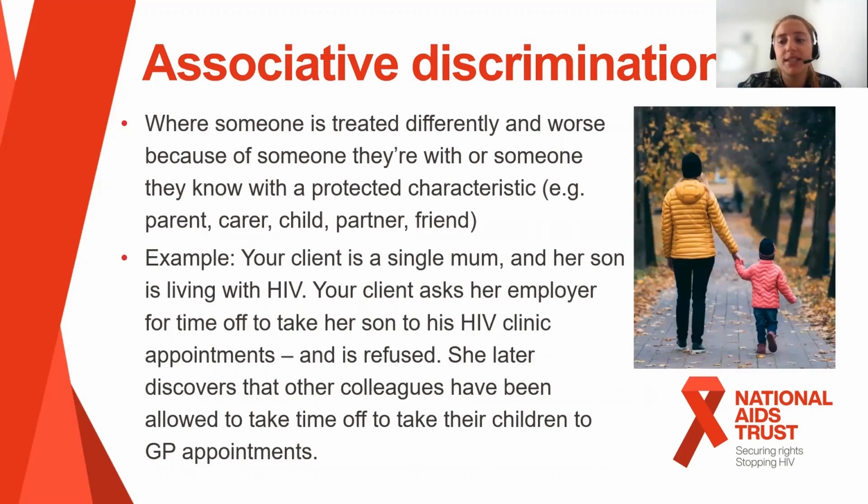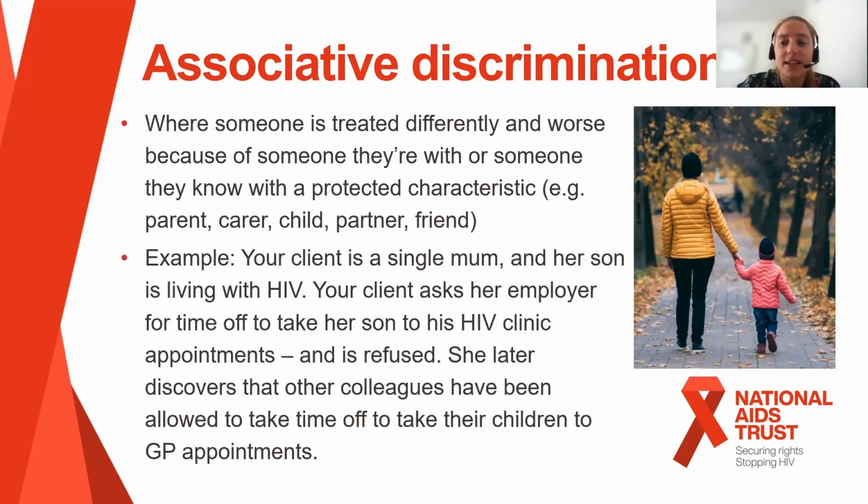Associative discrimination is where someone is treated differently and worse because of someone they're with or someone they know who has a protected characteristic. And that could be parent, carer, child, partner, friend. So, for example, if your client is a single mum and her son is living with HIV, and your client asks her employer for time off to take her son to HIV clinic appointments, but it's refused.